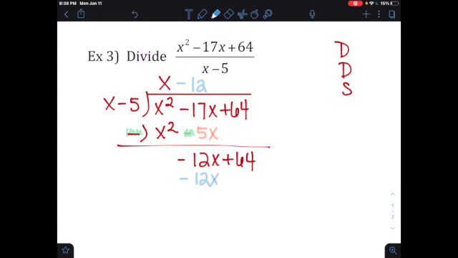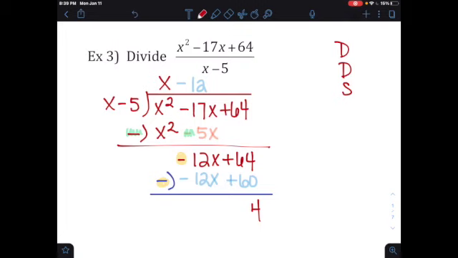Negative 12 times a negative 5, that's positive 60. Don't forget to subtract. Negative 12x minus a negative 12x. So therefore, positive. Don't forget you have to make sure of that sign. 64 minus 60.